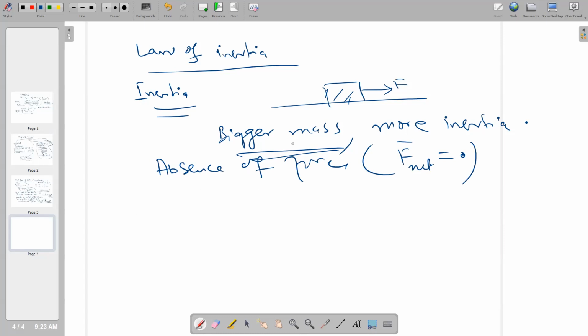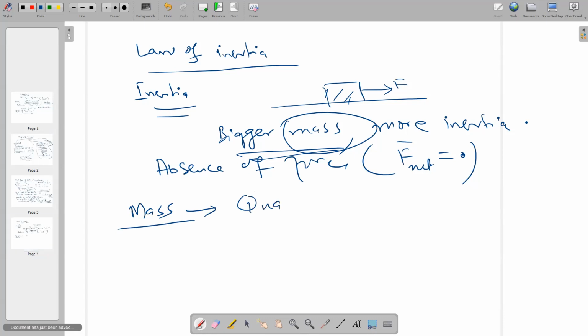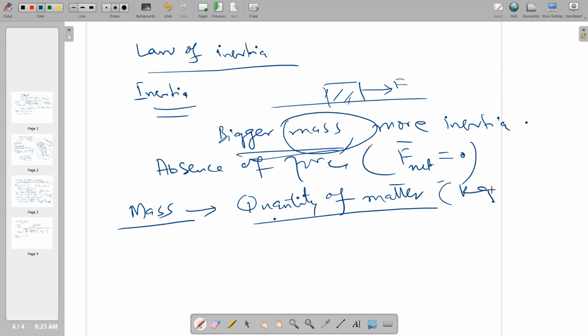But the most important quantity I have discussed here is mass. What is mass? In chemistry, we define it as a quantity of matter. Quantity of matter is called mass and its unit is kilogram.